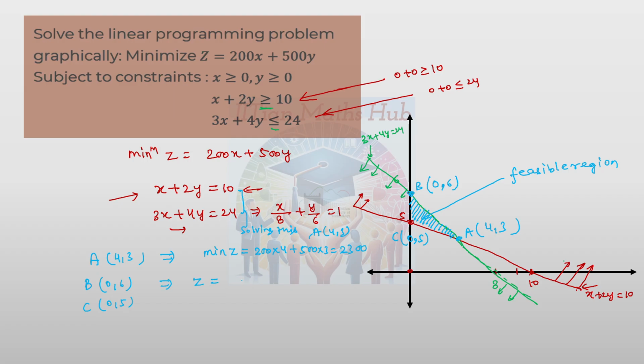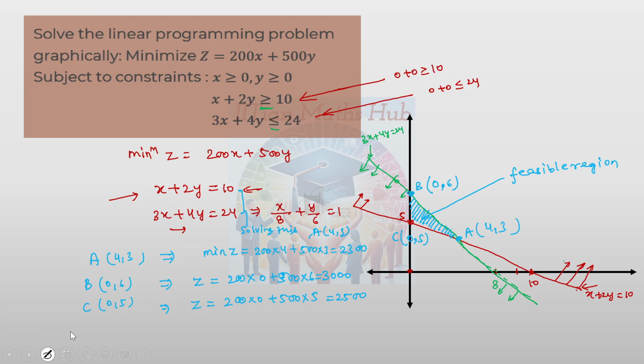Similar is the case with 0 comma 6. So Z value will be 200 into 0 plus 500 into 6, that will give you 3000. Similarly, the third one will give you 200 into 0 plus 500 into 5, and that will give you 2500. So out of this, the minimum value you are getting is at the A coordinate.